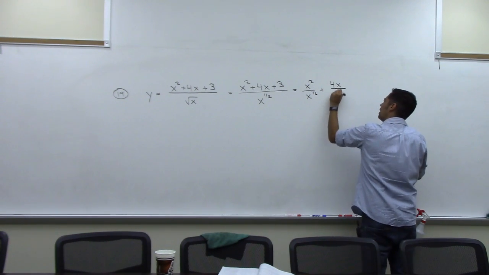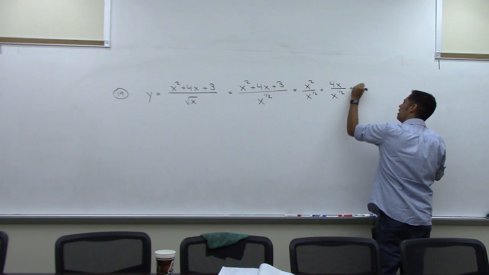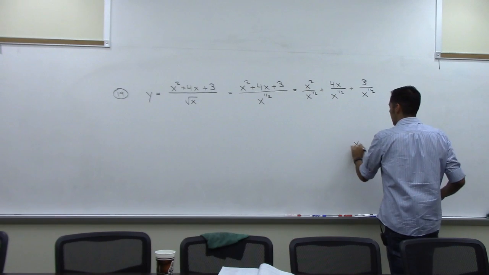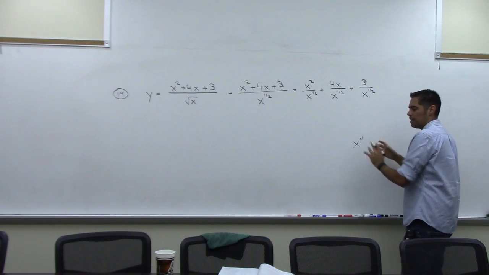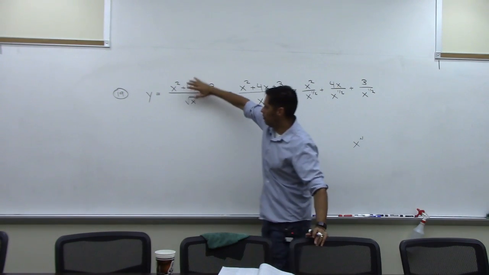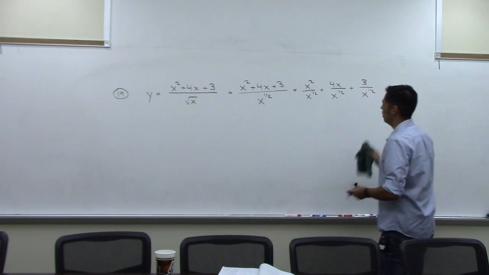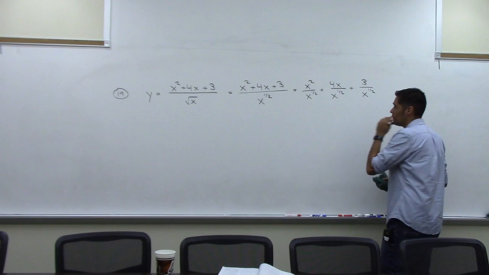Now, again, I'm not doing any of the calculus yet. I'm just doing algebra, trying to get x to the n, right? I'm trying to get these x to the n, but without the big fraction. So all of these somehow need to be looked at as powers of x.